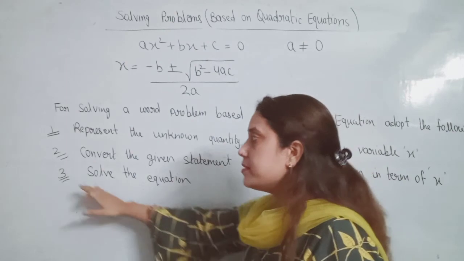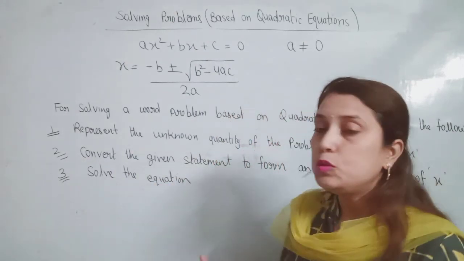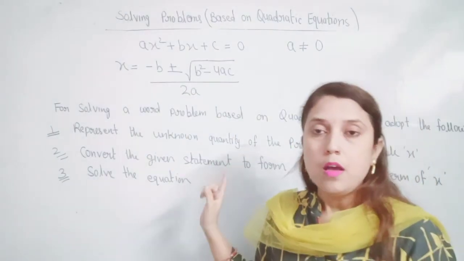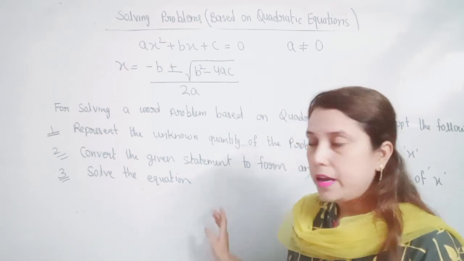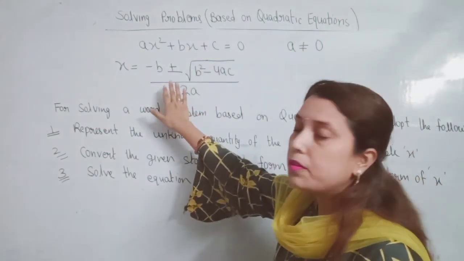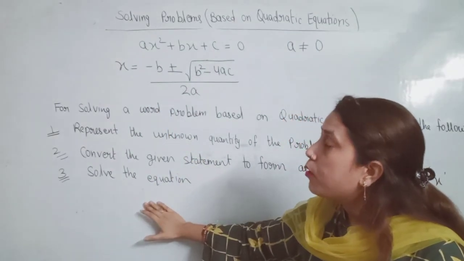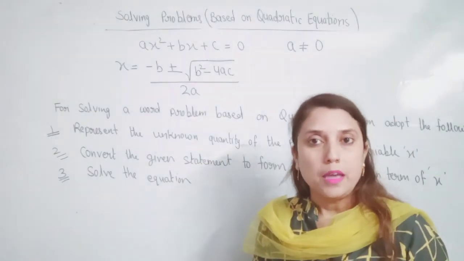And the last step is to solve the equation. There are two methods for solving the quadratic equation. The first one is the middle term splitting method and the second is the quadratic formula. You can use any method out of these two.